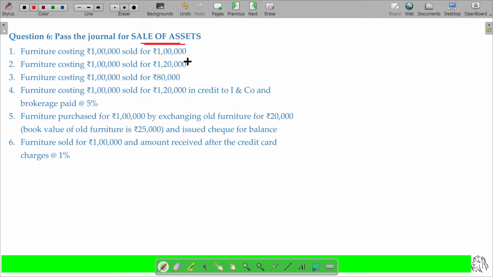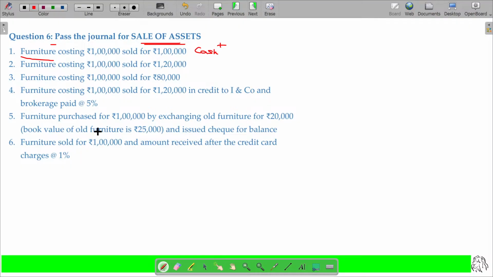While selling, the asset goes out. It's a minus item. Instead of that, you may get the cash. So cash, another asset, comes in. It comes in, so plus item means debit. Clear? If we don't get the cash, we have to keep the person's name in credit, that he has to pay us later on.